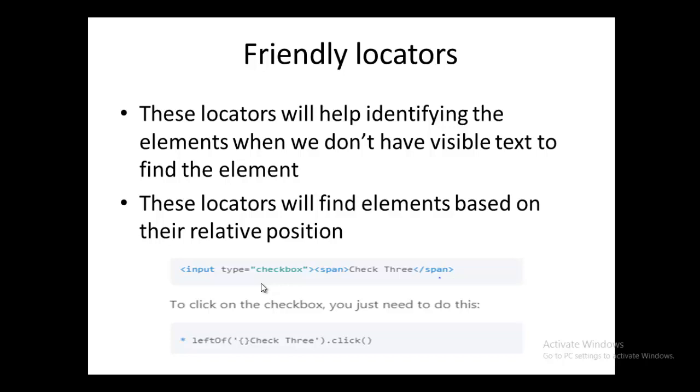One more thing I must mention: when you use these functions you need to chain them to a further operation. Say I have identified the element, what is my next operation? I can either click or send keys or whatever it is. Ideally if you do not chain, the tag that it looks for is input.